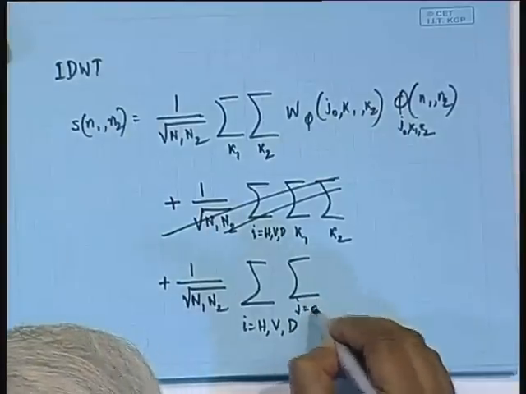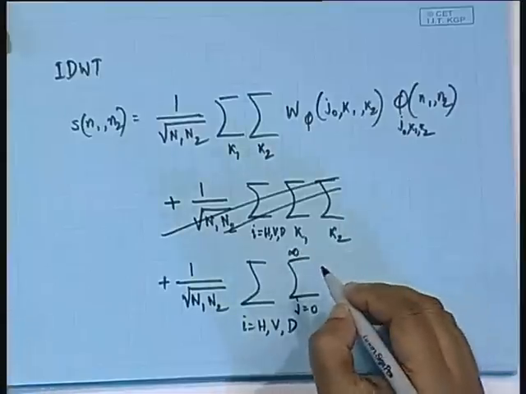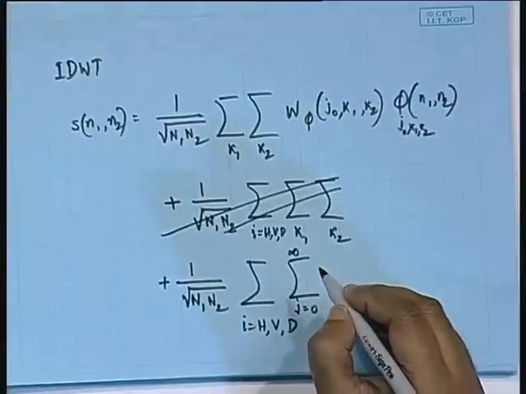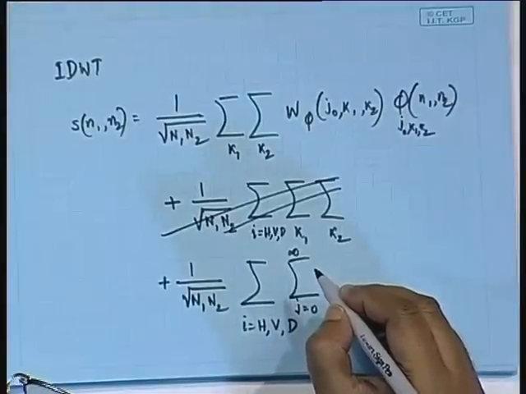So, j is equal to 0 to, we can typically write it as infinite, because it depends on how many levels of partitioning you have done.